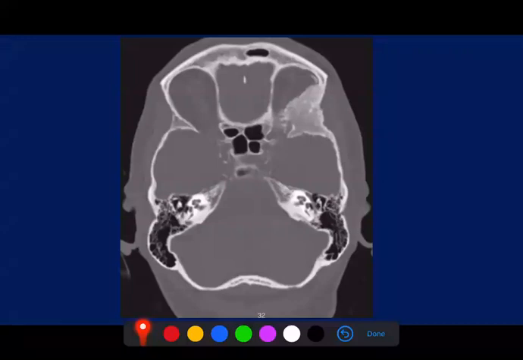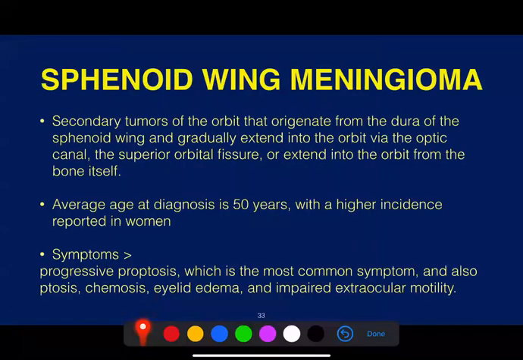So what's the most likely differential? So most likely differential is the sphenoid wing meningioma. Okay, excellent. So yes, it's a sphenoid wing meningioma, a secondary tumor originating from the dura of the sphenoid wing, with gradual extension to the orbit.